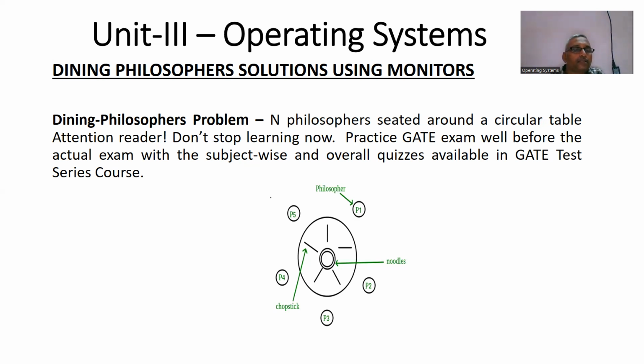We need an algorithm for allocating these limited resources like chopsticks among several processes like philosophers, such that the solution is free from deadlock and free from starvation. There exist some algorithms to solve the dining philosopher problem, but they may have deadlock situations.